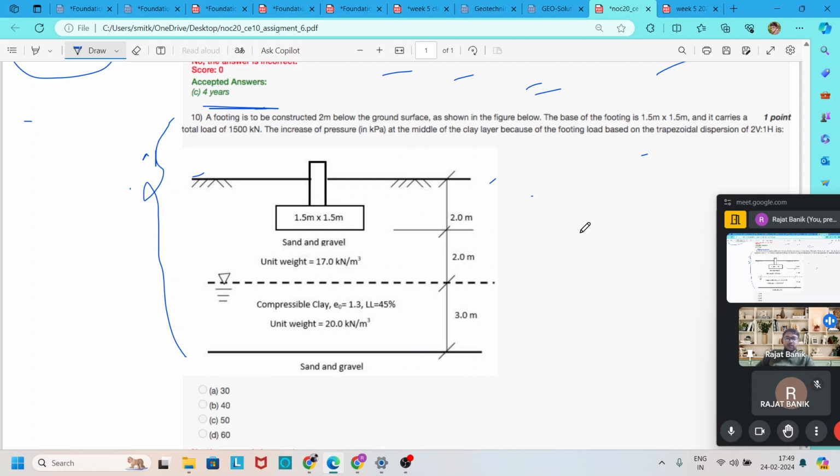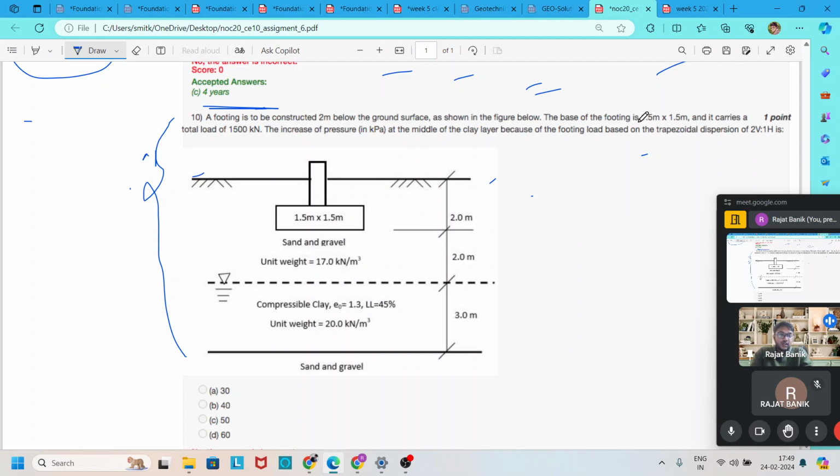In question number 10, it is said that a footing is to be constructed 2 meter below the ground surface as shown in the figure below.